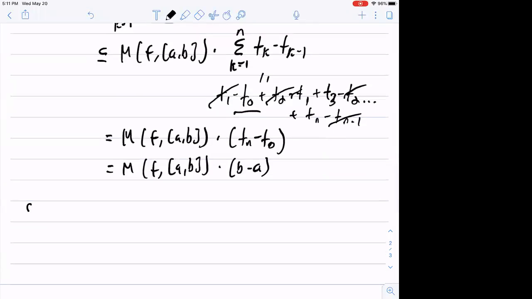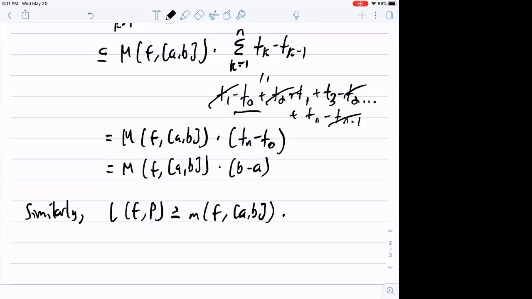And similarly, you can check that the lower sum is bounded below by the infimum of f on the whole interval [a,b] times (b minus a). Okay, is everyone clear so far?